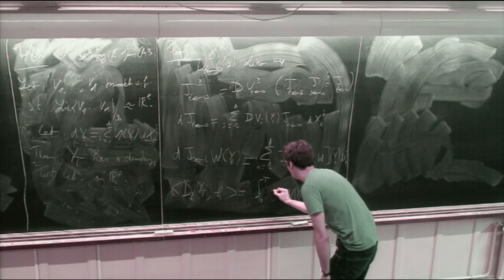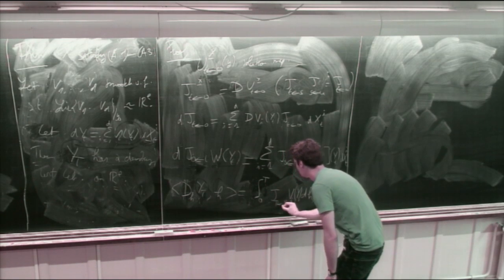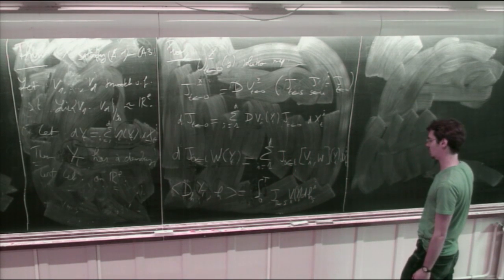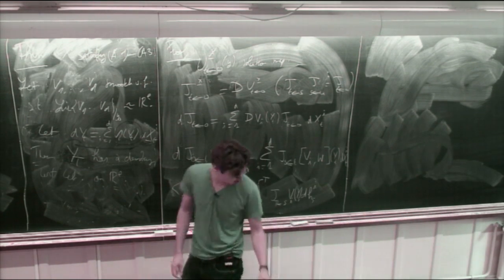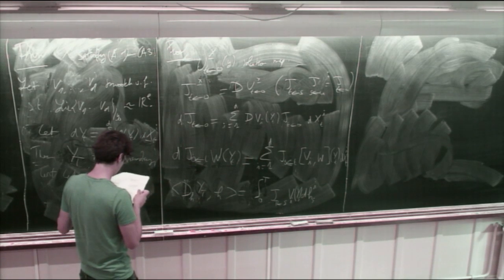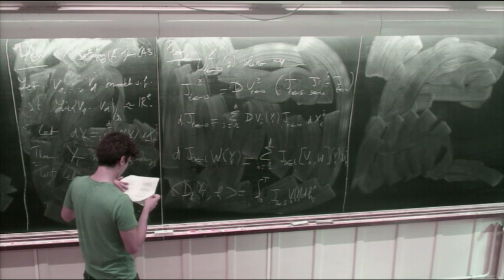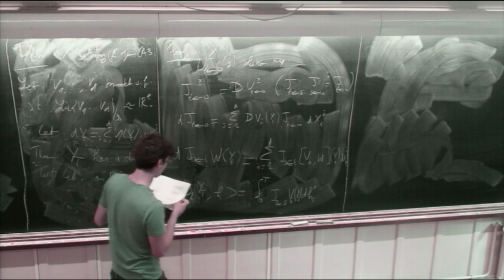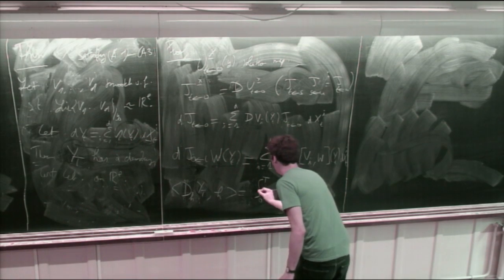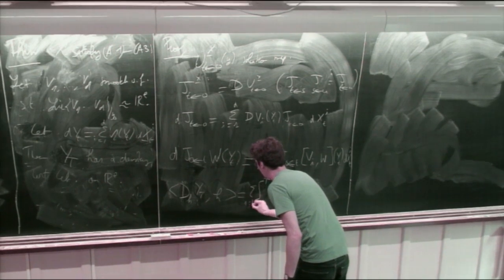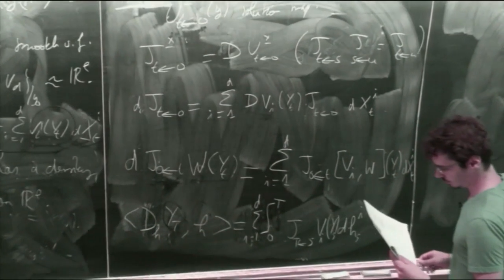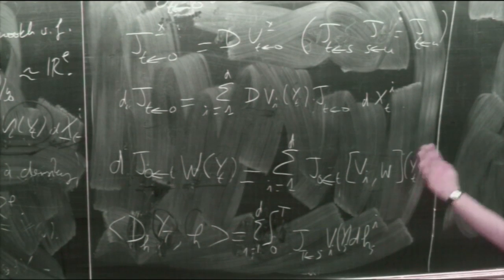Okay, so J. So this should be the right thing. Let me just check that I did not mess it up, but yeah, okay. And of course, you have this sum again from 1 to d. Okay, so these are some notations.